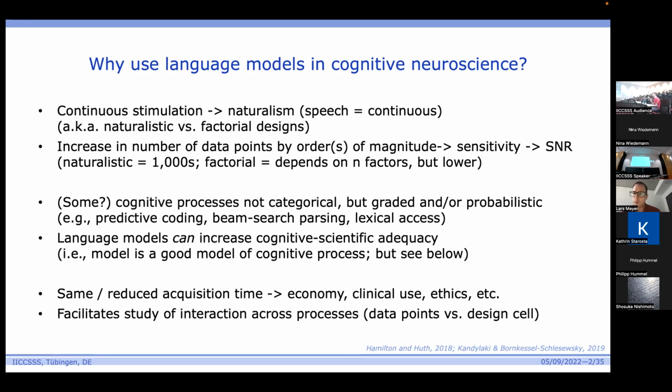So why would you use a naturalistic stimulation if you use the design for a particular purpose? Or you have a clinical setup where you just want to contrast two groups. So who cares about the fancy modeling? Don't get me wrong, I'm a fan of language modeling, but I'm just treating it as one method amongst many. And there's good reasons for using factorial designs in many circumstances.